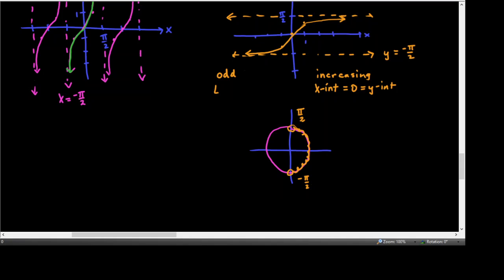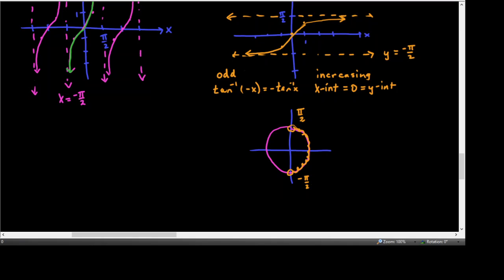So tangent inverse of the opposite of x is the opposite of tangent inverse of x. Okay, and that's about it for that one.